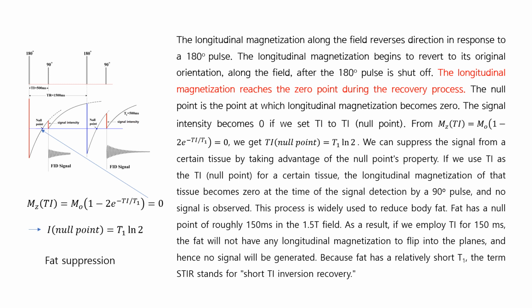The longitudinal magnetization along the field reverses direction in response to the 180-degree pulse. The longitudinal magnetization begins to revert to its original orientation along the field after the pulse is shut off. We explained that again here in this sentence.